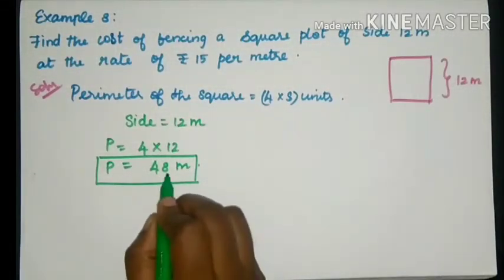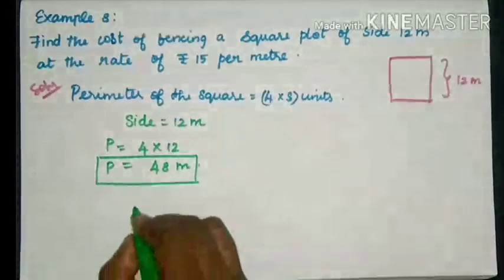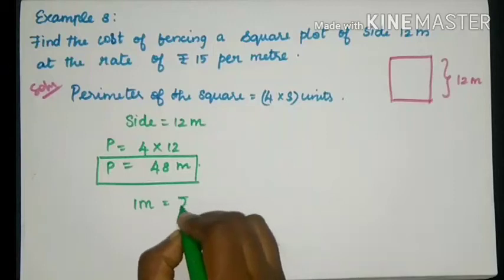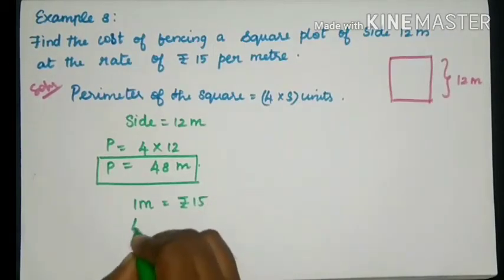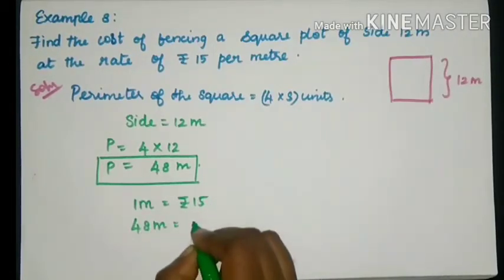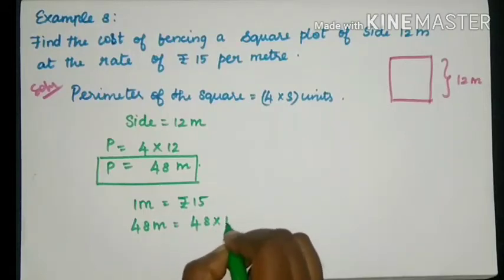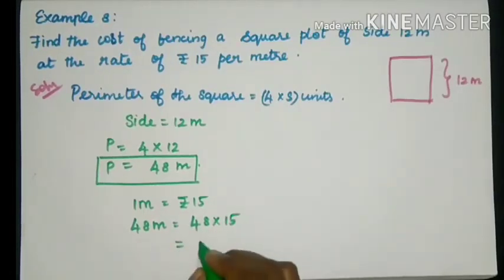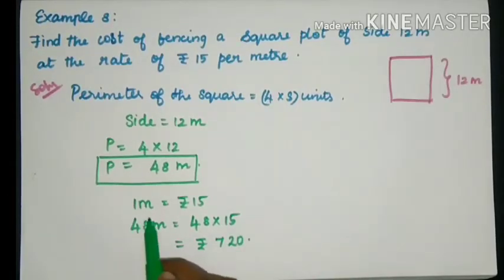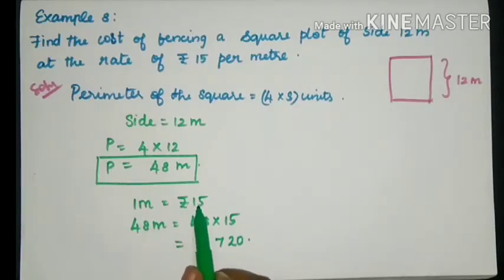Students, it's clear now why we have to multiply it with 48. Because in the question it is given that for 1 meter is equal to rupees 15. For 48 meter, yes, we have to multiply it by 48 into 15. 48 into 15 is equal to rupees 720. Students, note it carefully. For 1 meter, the cost is rupees 15.